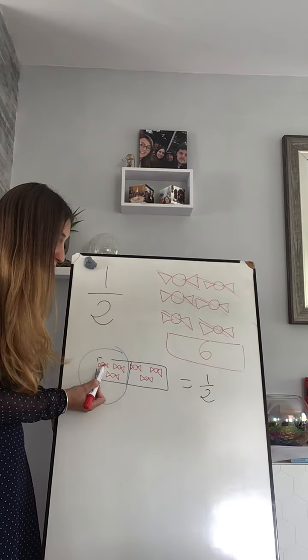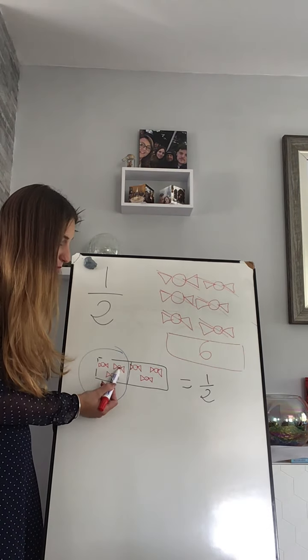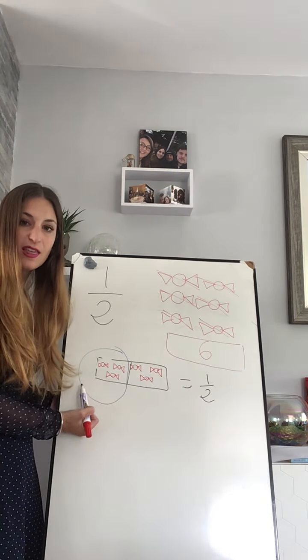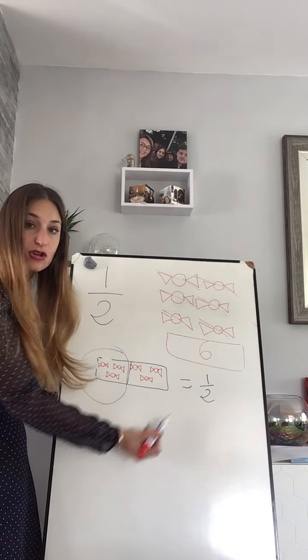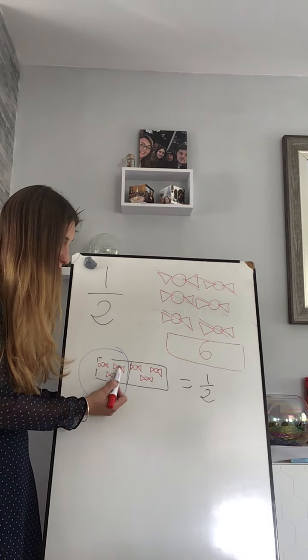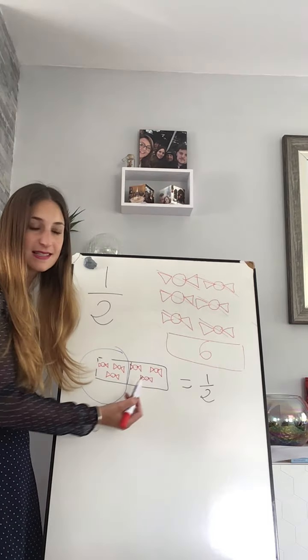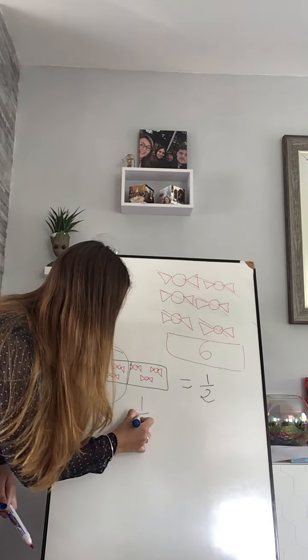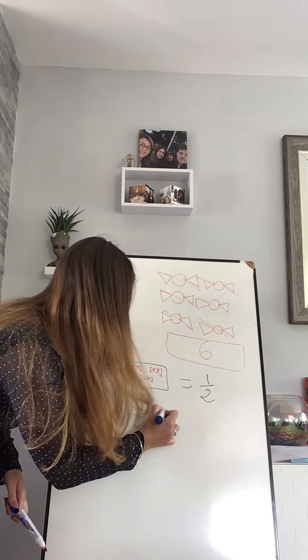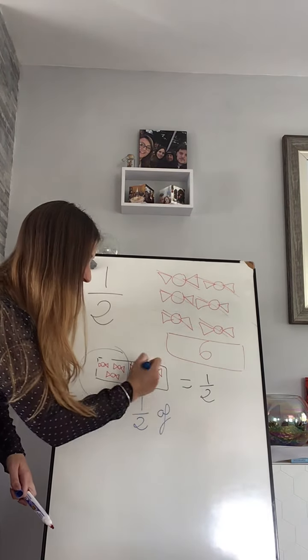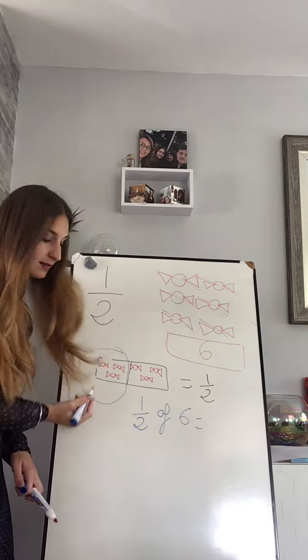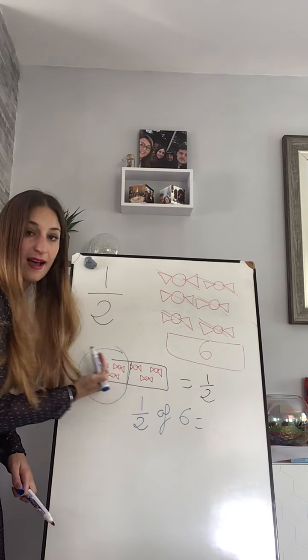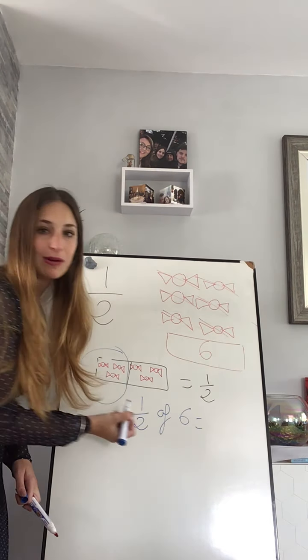Let's count them. 1, 2, 3. 3 out of how many I have in total? 1, 2, 3, 4, 5, 6. So straight away, I know that 1/2 of 6 is 3. Well done.